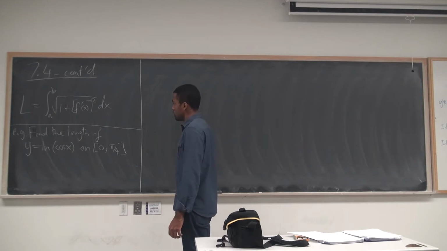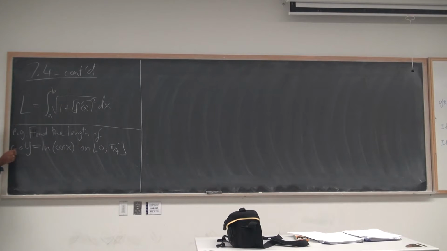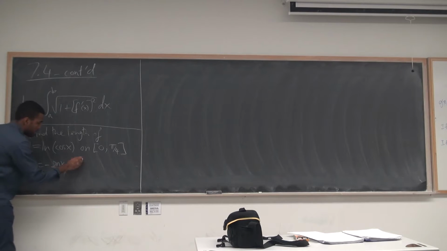Find the derivative, right? This is just f of x, so we're going to find f prime and plug into this formula. I could have written this as y prime, it doesn't matter. So that's going to be 1 over cosine x times minus sine x, which is minus sine x over cosine x, which is just minus tangent.